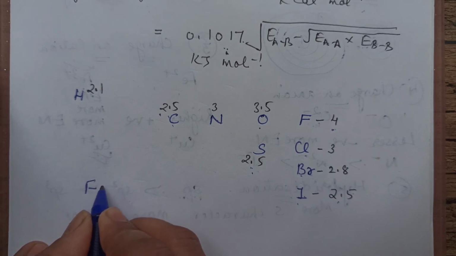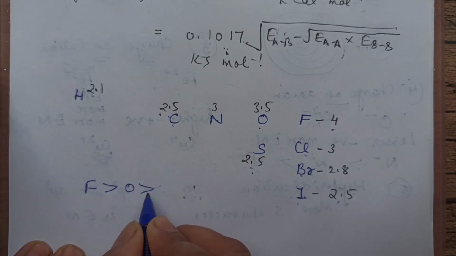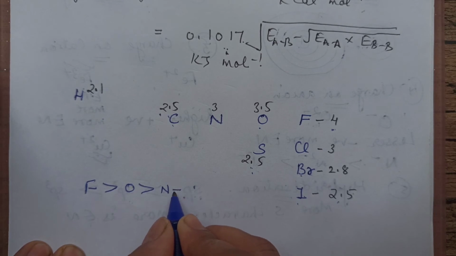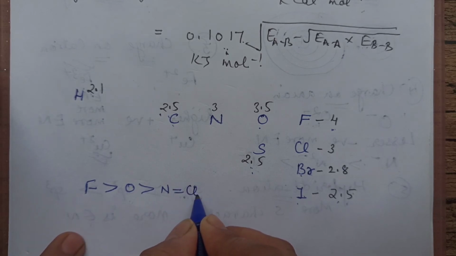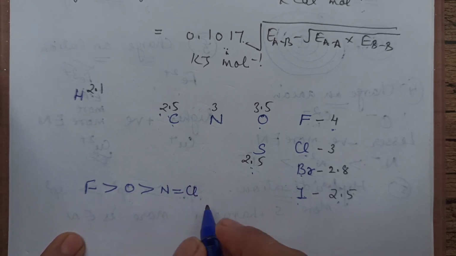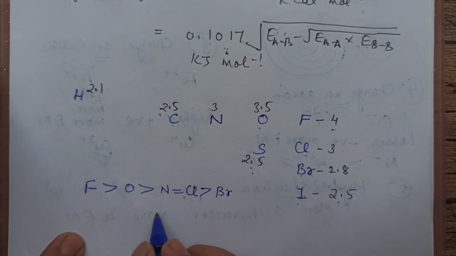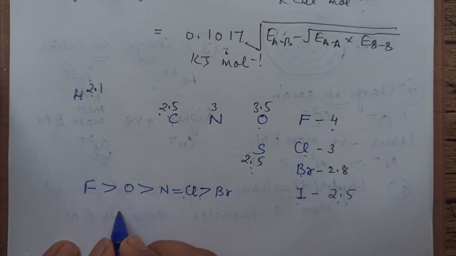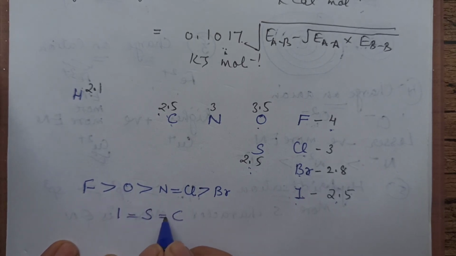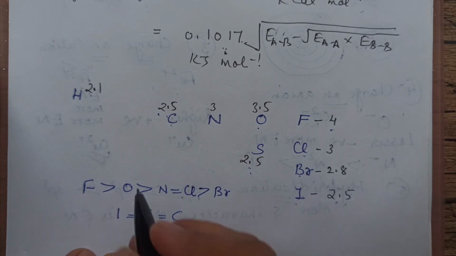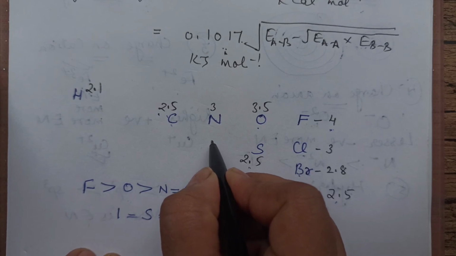Most electronegative is fluorine, then is oxygen, then is nitrogen. Nitrogen is equal to chlorine. After that it is Br. After Br you have 3 elements the same, that is iodine, sulfur, carbon. These 3 are same, and after that you can write down here phosphorus.